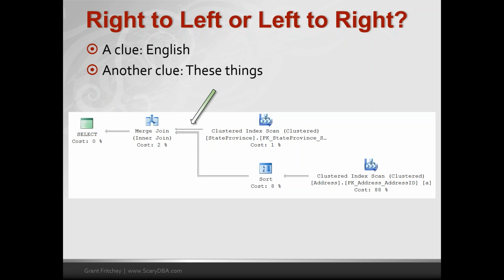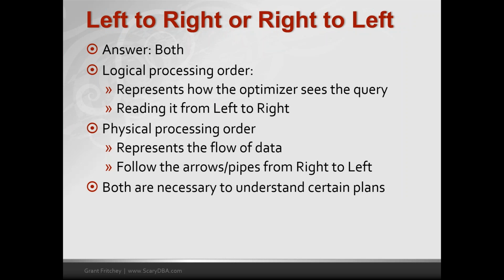There is another clustered index scan off of the address table, and that is pulling information off of disk. The information from the address table has to be sorted before it moves into that merge join operation, and the merge join operation moves both those pieces of data together and spits them out as a select statement. So from a physical standpoint, it goes the other way.